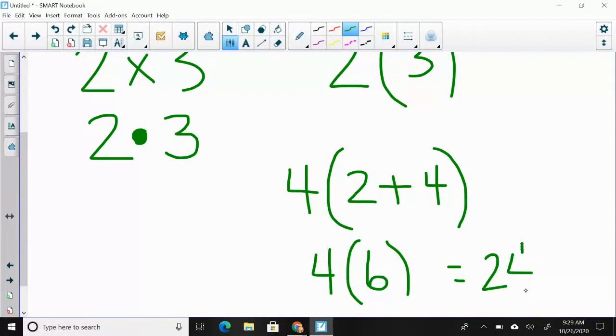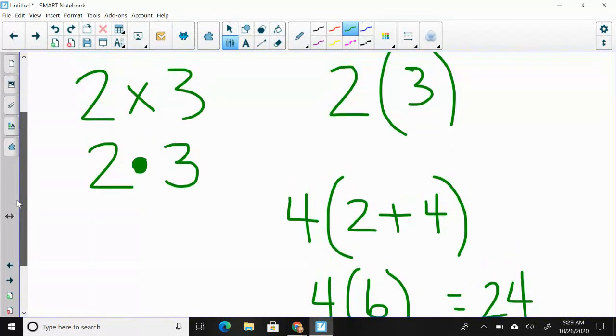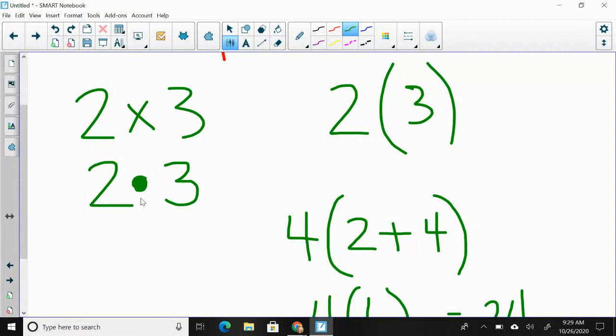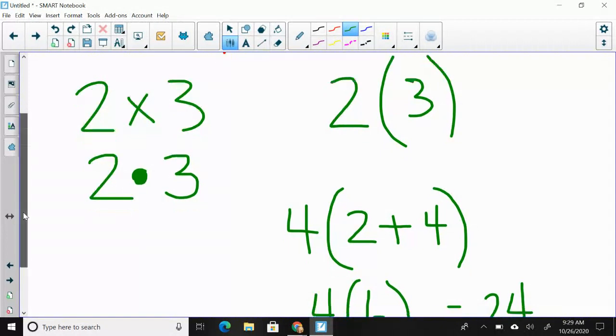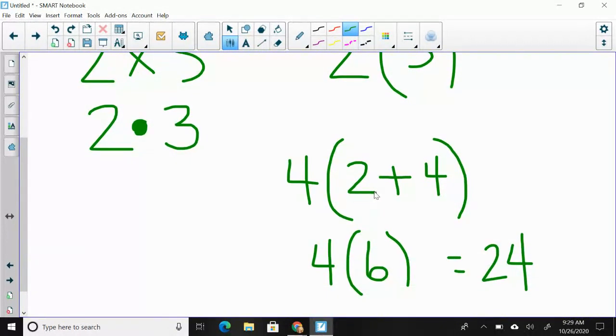Okay. So think about what that means. 4 times the quantity of 2 plus 4, 4 times the quantity of 6, and that would be 24. So you can see multiplication a number of ways: traditional, the solid black dot, and outside of a parentheses bar.